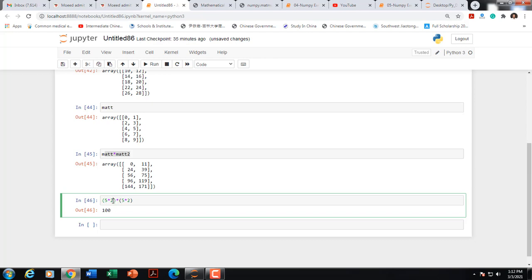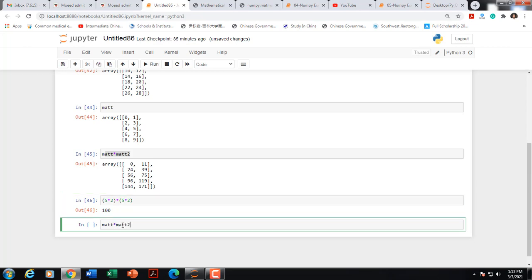Why? Because for matrices to be multiplied together, the number of columns of the first matrix should be equal to the number of rows of the second matrix. But over here, mat and mat2 have a different number of rows and a different number of columns. It's not the same.